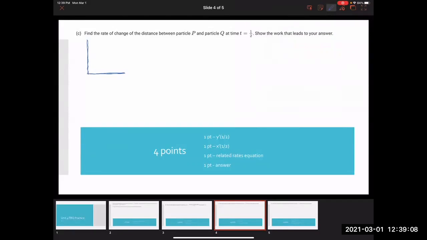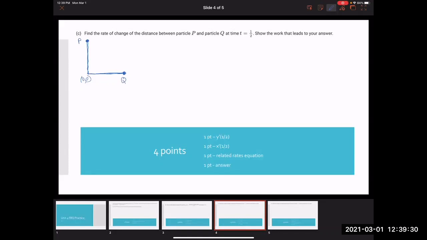Particle P is somewhere up here. We don't know where, it's just somewhere up there. We're assuming that we are starting from the origin or going towards the origin. Either one, doesn't matter. Particle Q, which is traveling along the x-axis, is somewhere over here.